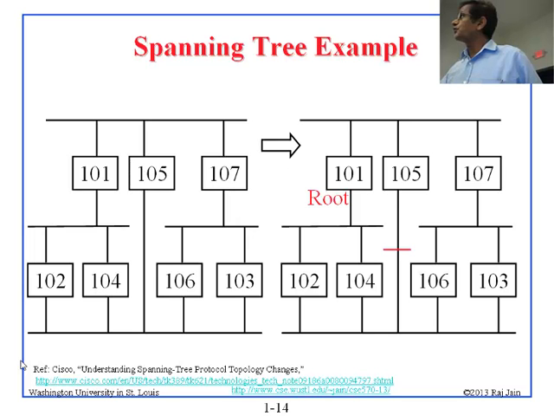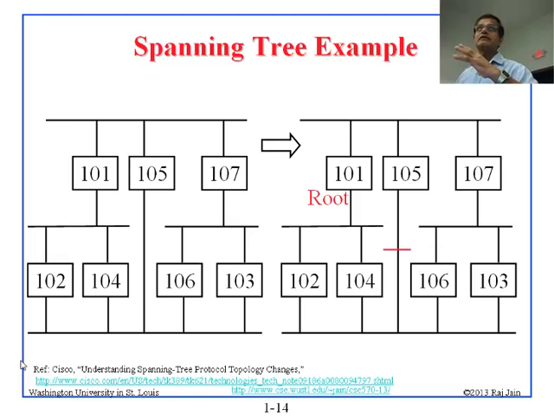If there is another host here that wants to send a packet, and for some reason it has to go through the root, then it will go to this bridge. All the packets will be forwarded on this Ethernet by this bridge, the designated bridge, because if they go through the other bridge, they are going in the wrong direction.